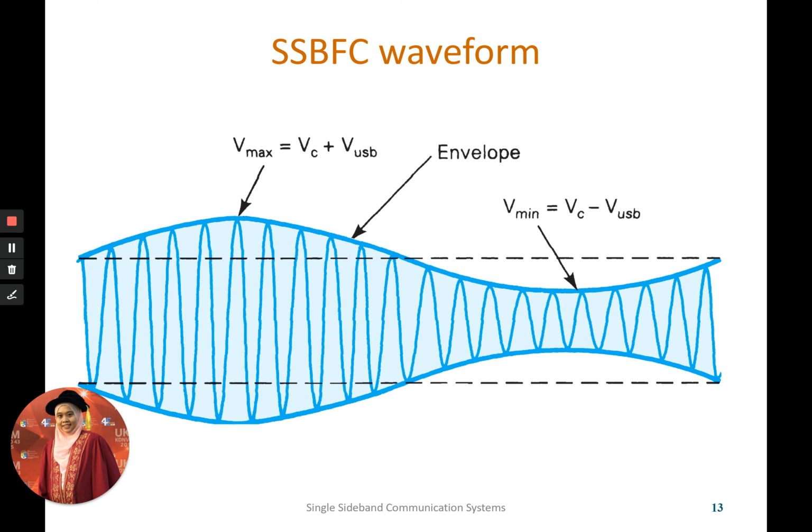The maximum peak you get when you add the amplitude of the carrier with the amplitude of the upper sideband, and for the minimum peak on the envelope, you take the carrier amplitude minus the amplitude of the sideband.